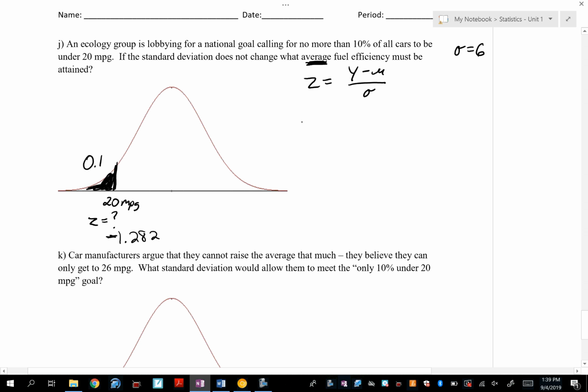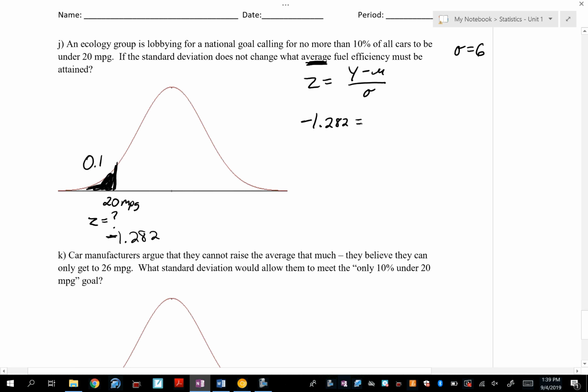So I'm going to plug in negative 1.282. We did have a mean, but now this lobbying group, this ecology group, is saying, hey, we want you to change the bottom 10% to be no more than 20 miles per gallon for fuel efficiency. Basically, to help out our cars and hopefully, in turn, the actual Earth that we need to save.